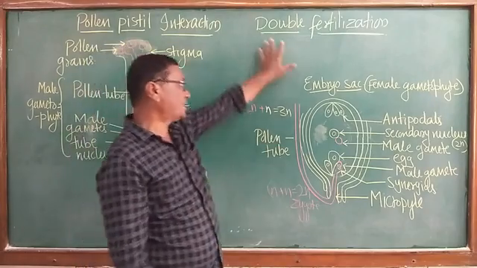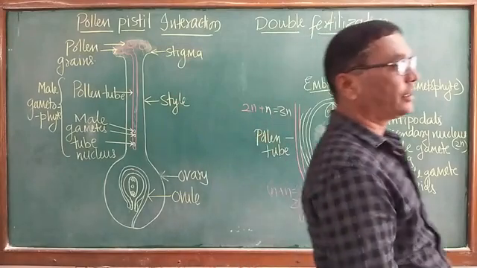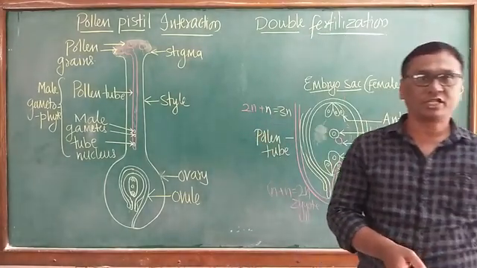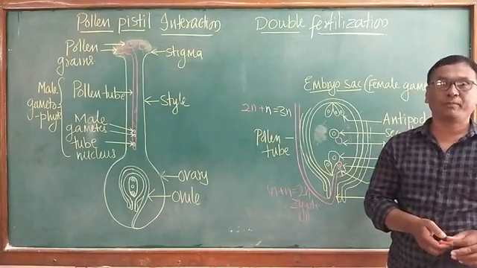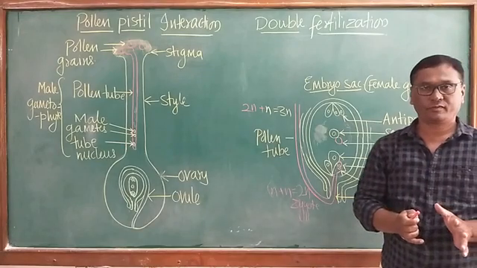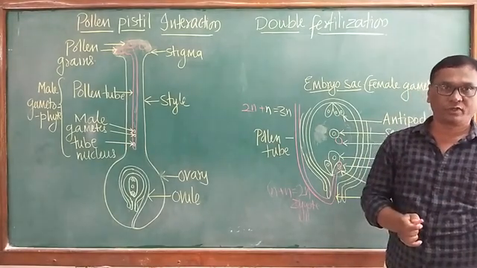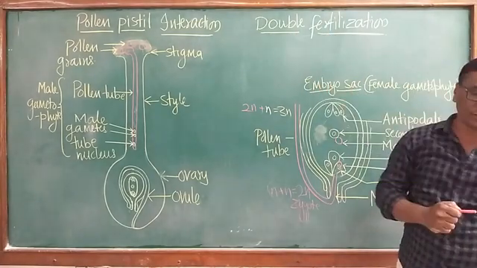While studying double fertilization, first of all we have to understand that double fertilization is the characteristic feature which happens in all angiosperms. There is no single fertilization, it is always double fertilization.